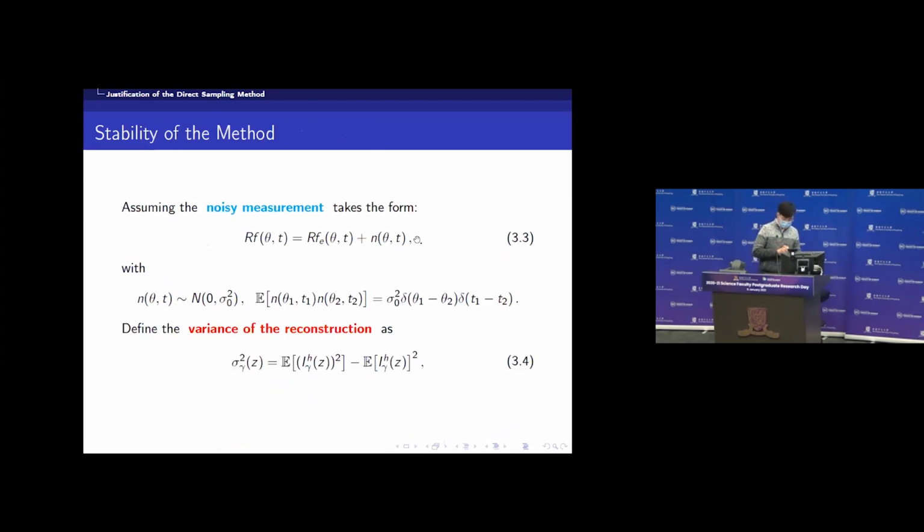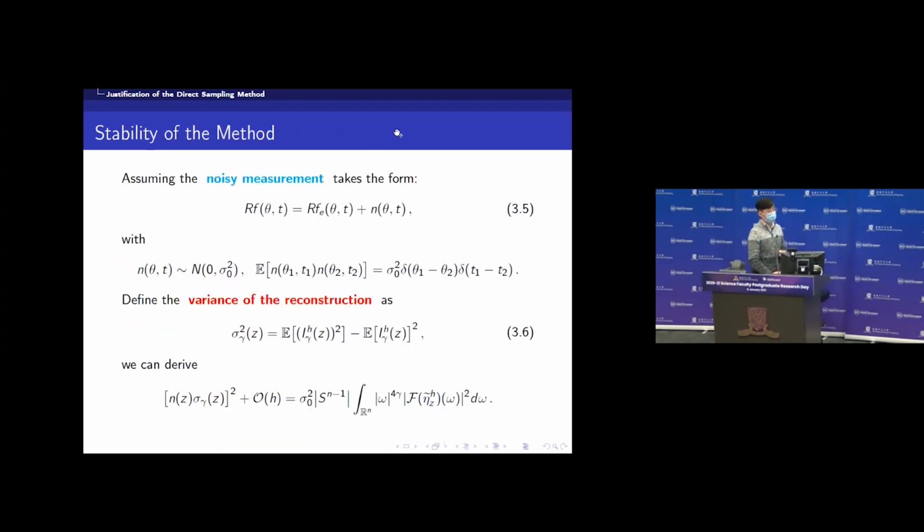Then for the third part, we can compute the variance of the reconstruction by assuming that the measurement data is polluted by Gaussian noise. If we define the variance of the reconstruction in this way, we can show that the variance depends on gamma, where gamma represents the order of the Laplacian.